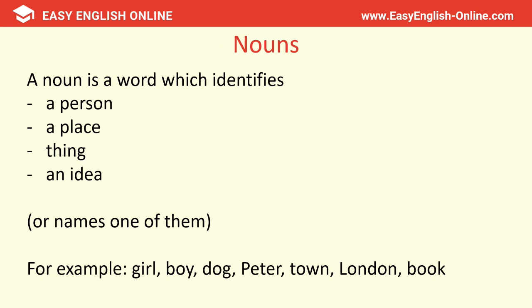Let's start with nouns. A noun is a word which identifies a person, a place, a thing, an idea, or names of one of them. For example, a girl, a boy, a dog, Peter, town, London, book.